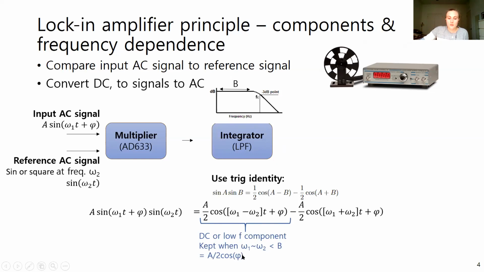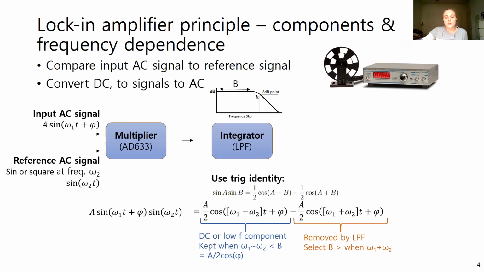And this would then result in A over 2 times cosine of the phase if you had these frequencies approximately the same. And with the cutoff frequency of your low pass filter, you want to remove this second higher frequency component up here with the sum.